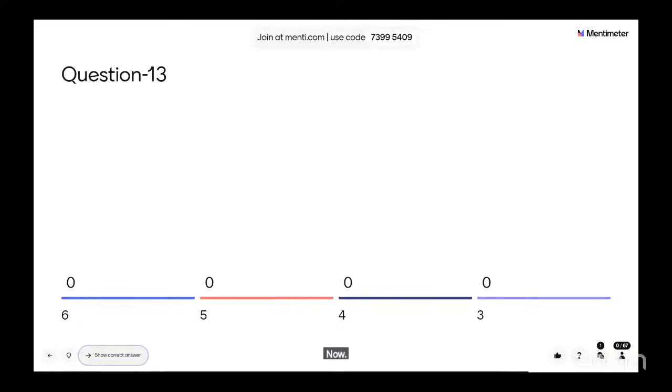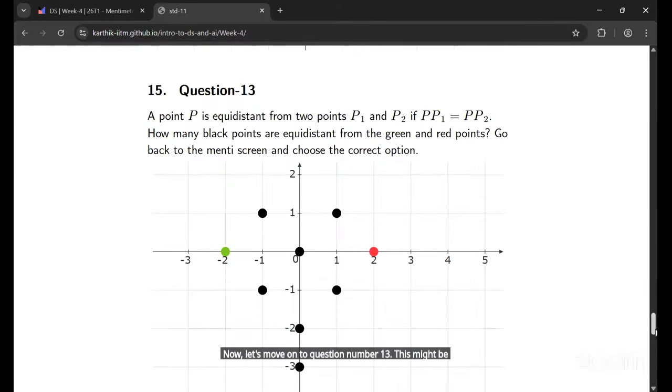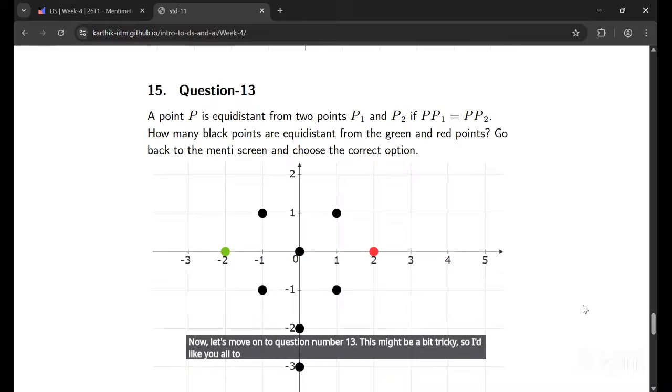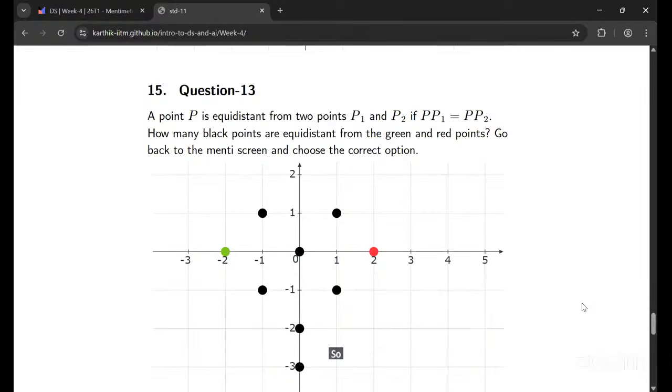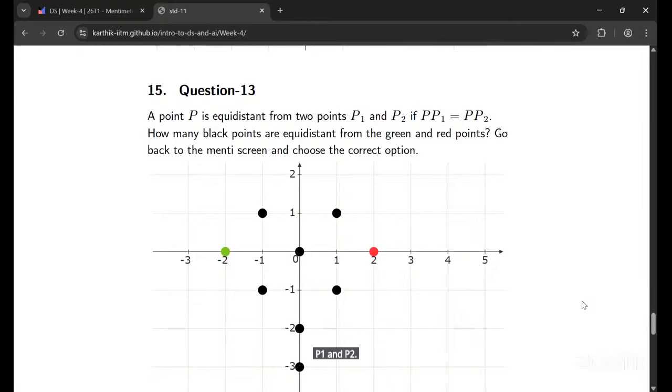Now let's move on to question number 13. This might be a bit tricky, so I'd like you all to attempt this carefully. So we have a point P. This is a generic definition. It says that a point P is equidistant from two points, P1 and P2, if PP1 is equal to PP2. So these are the lengths of the line segments basically. Now your job is to find out how many black points in this figure are equidistant from the green and the red points.